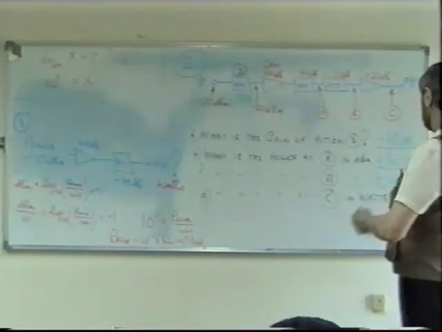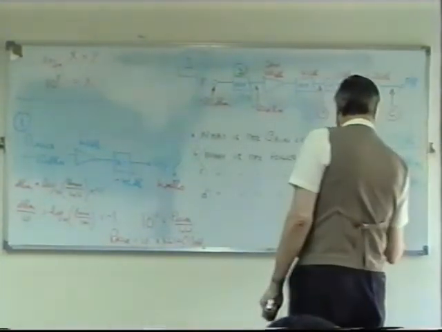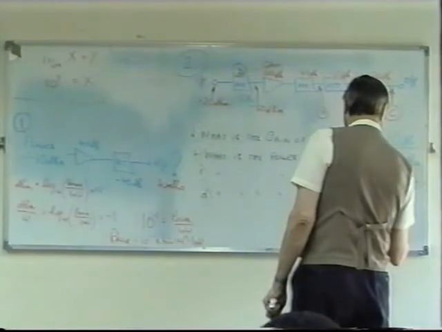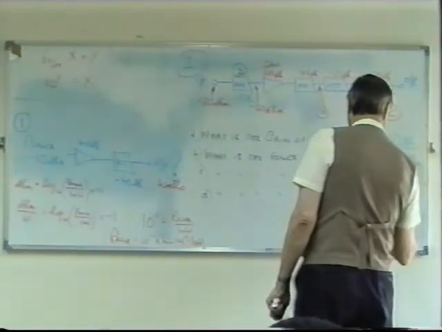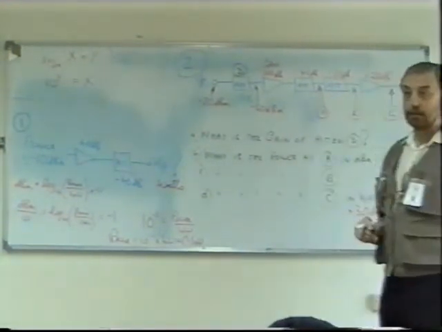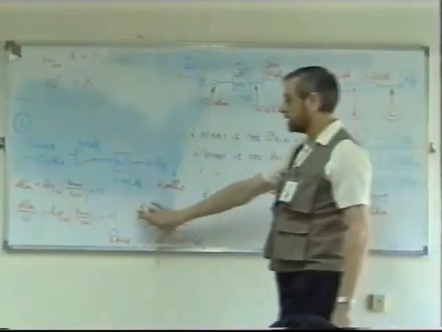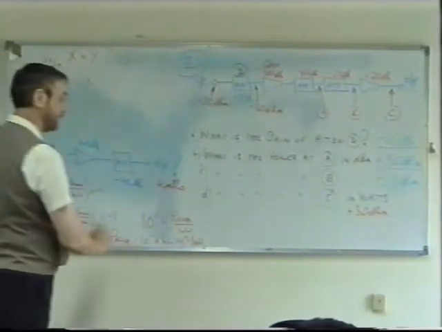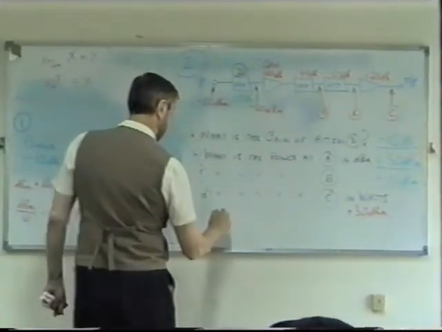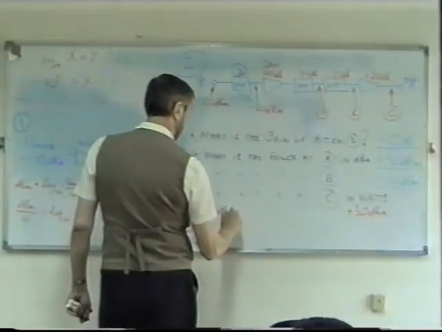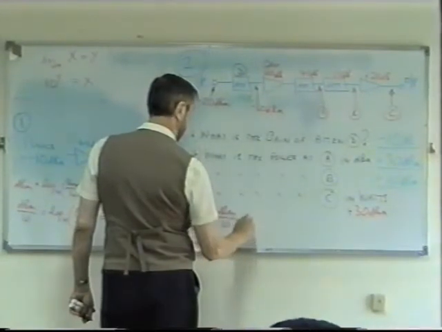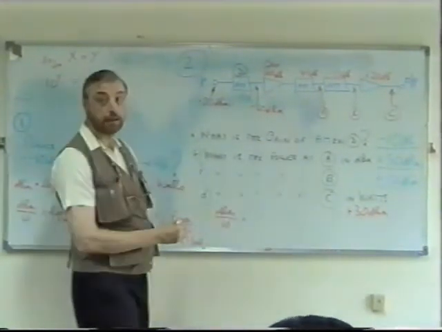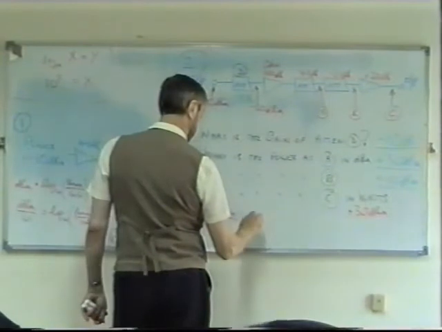Right. But what we've got to do here is find that in watts. So we've got to use our same formula that we had down here. So using this formula, dBm over 10, which is equal to 30 divided by 10, which is plus 3.